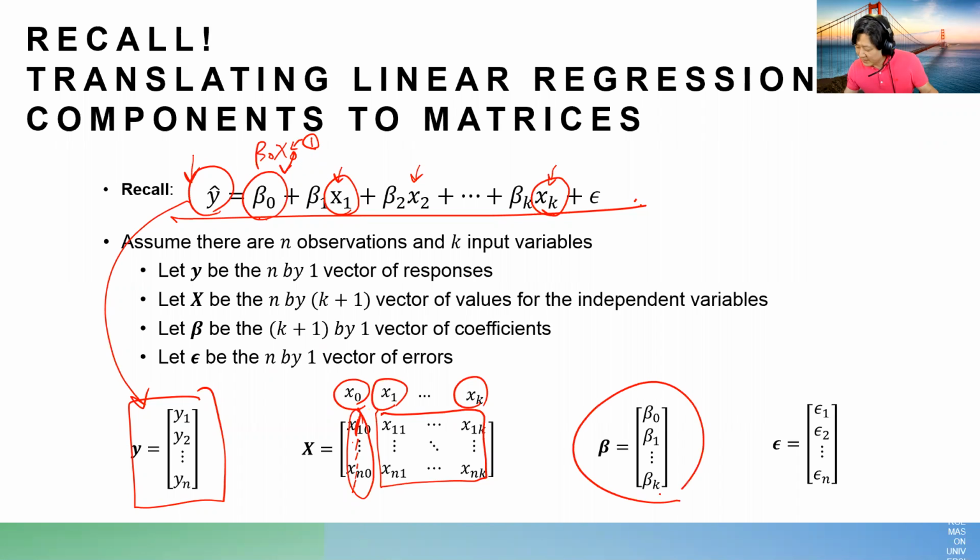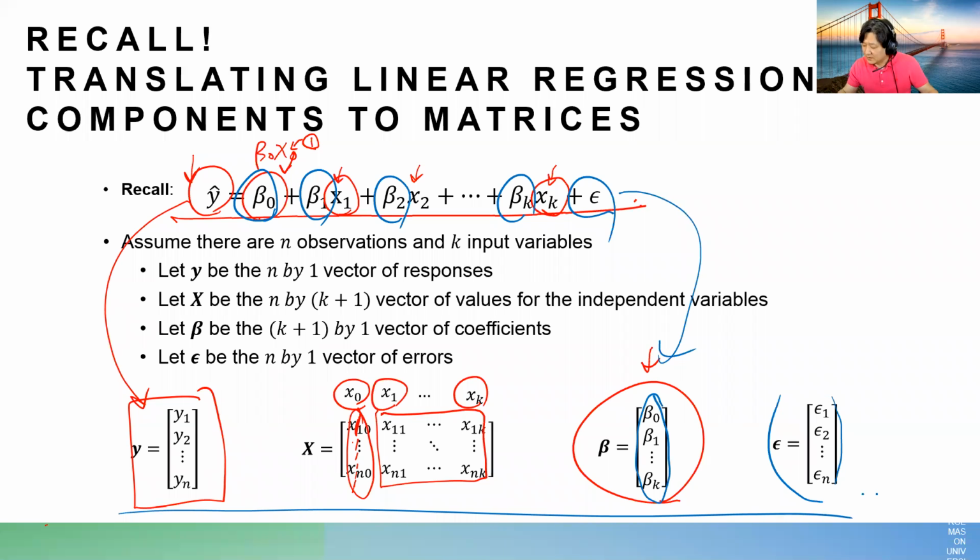And then beta is the coefficient vector: beta 0, beta 1, beta 2 to beta k. And then we have some error vector, right? All these relationships can be explained by this matrix format.